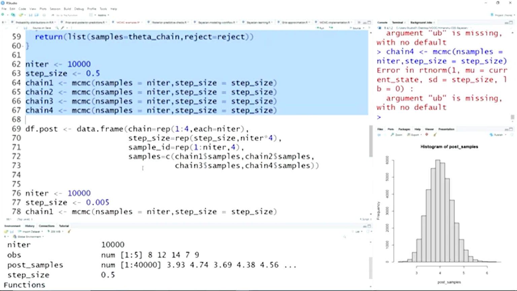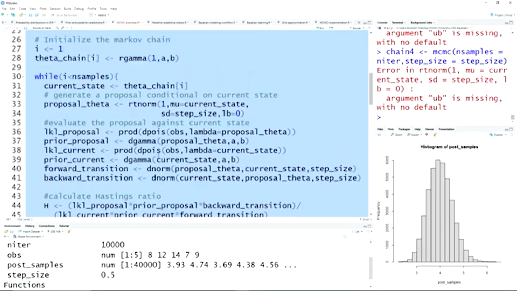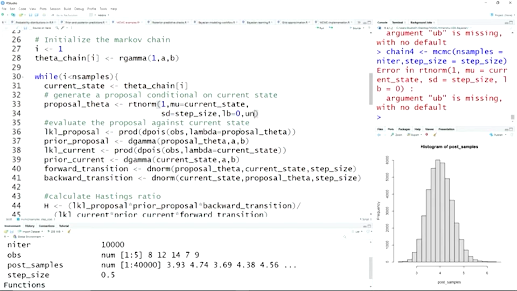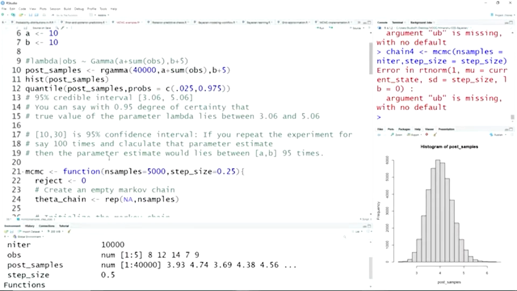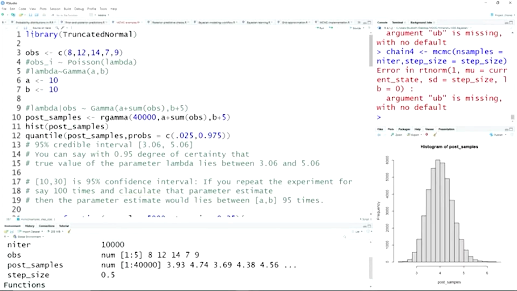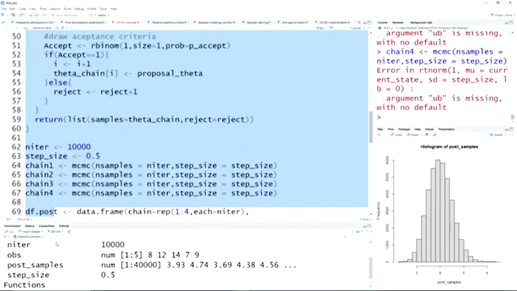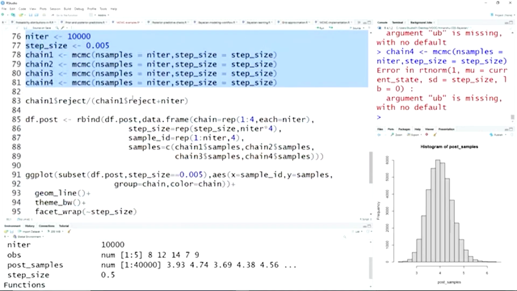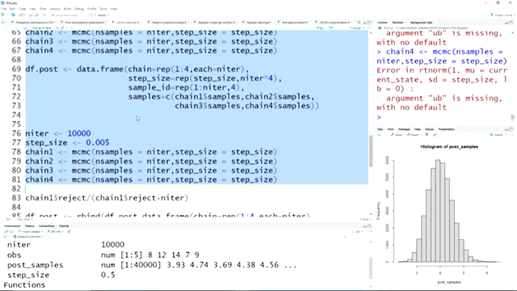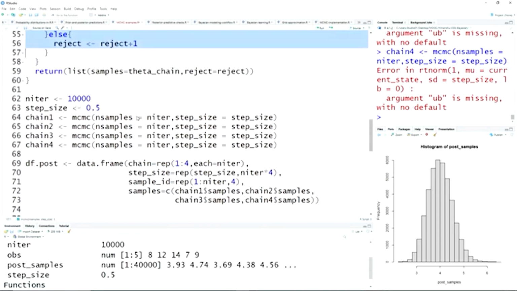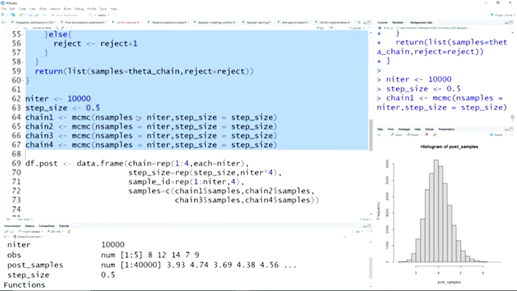Okay. So upper bound is missing somewhere, I think in this distribution. So it requires some upper bound. So if you don't have an upper bound, you can just say infinity. So I'm going to run the entire code up to this point, not this, just up to this point.